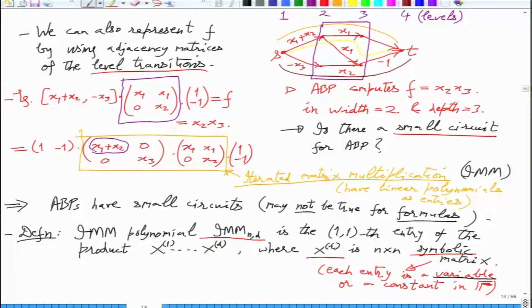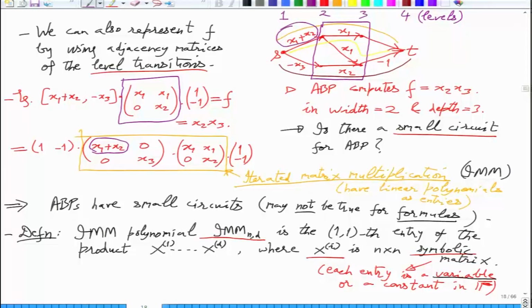You have this x1 plus x2, right? So how do you transform this ABP so that only variables or constants are present?